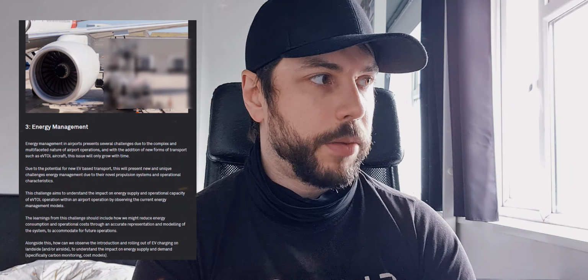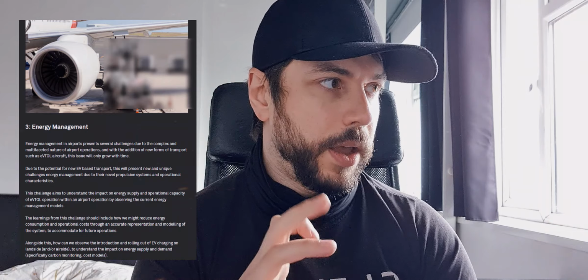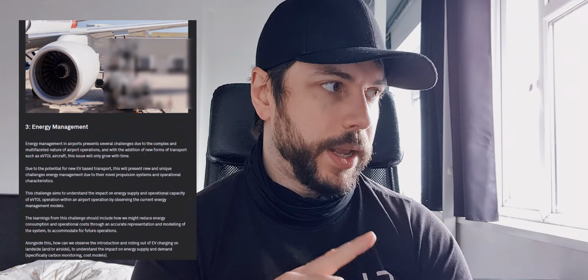And the last one would be energy management, right? That would be something that I touched on briefly previously. So there would be different energy sources and potentially a bigger percentage compared to some of the hardware they have in airports right now. Perhaps that is going to be replaced with better ones. But again, I think there's not necessarily a need to have those airports. That's my personal feedback.